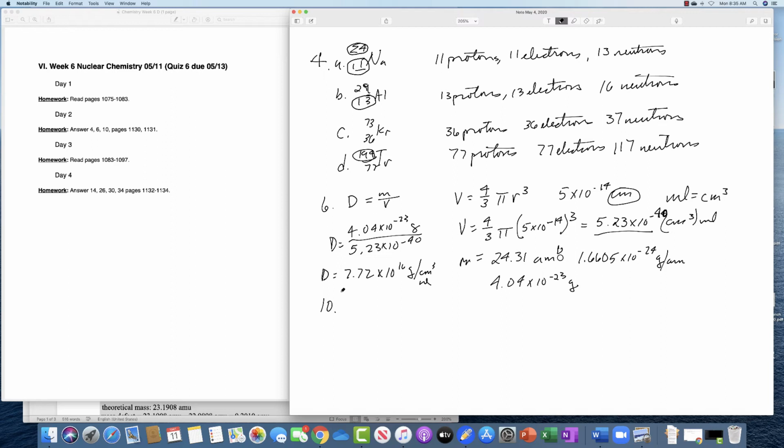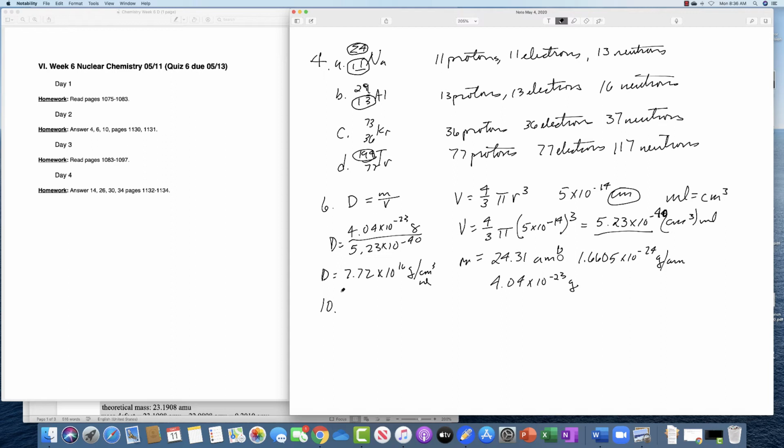Now, quite honestly, this is fairly straightforward. I'm not going to write anything. If you look on page 1080 of your book, you'll find the band of stability showing radioactive in green and non-radioactive in blue or purple. It's based on the number of neutrons and the number of protons.